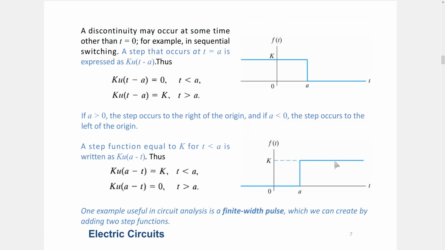And this is also a constant dc value. If you take the derivative, it will be 0. But at point a, we are going to get a pulse with an amplitude of k. Just a single line drawn in the positive y direction.